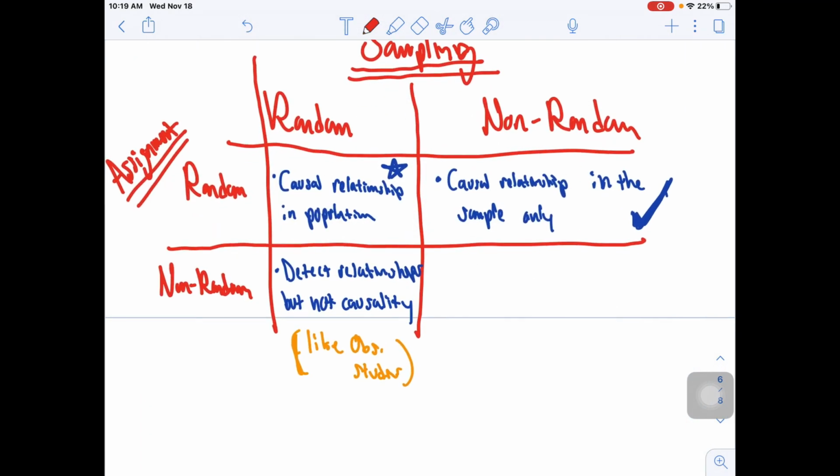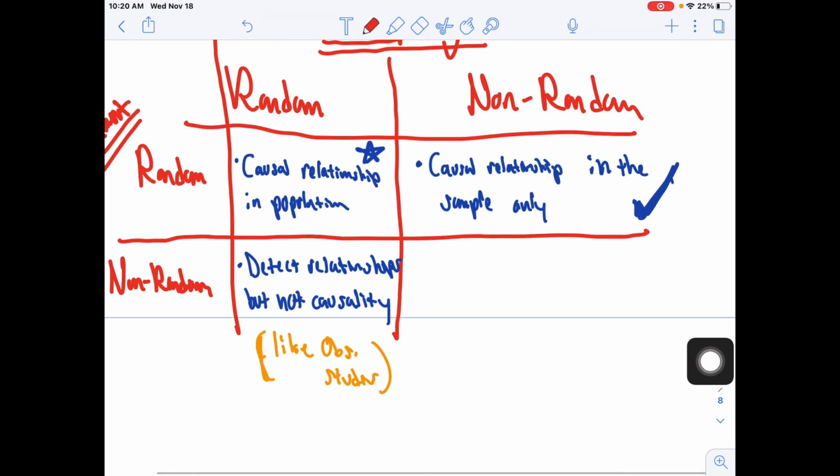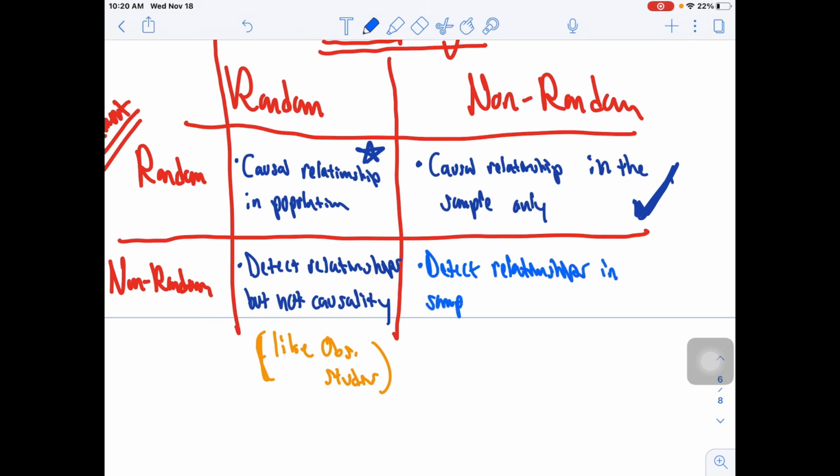And the last one, this is kind of really bad. We conducted some experiments. We didn't grab a random group, and we didn't randomly assign them. This is, again, we can detect relationships in sample only.